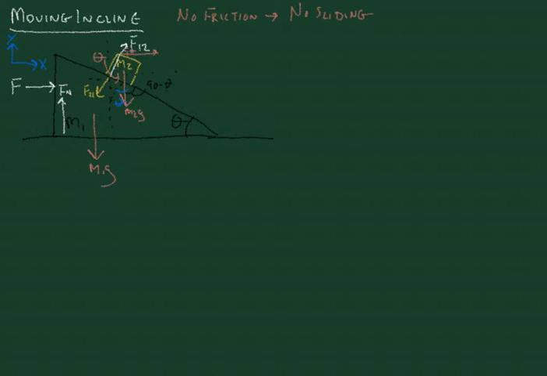Make sure you understand that we've done a lot of work with vectors and trigonometry before, but it's important to make sure we get our angles right, because that's the easiest way we can mess up this problem.